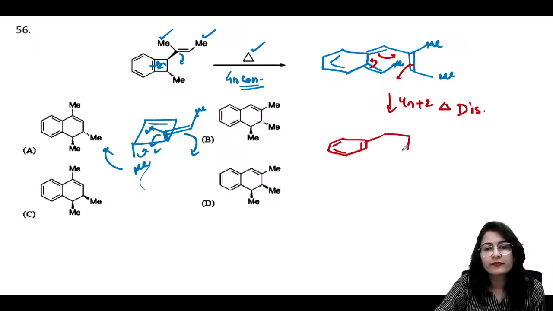So the disrotatory ring closing is going to look like this. Okay? One of the methyls, this one is going to be planar, and we have to check the stereo of these two methyls. So there is one hydrogen and another hydrogen outside, both the methyls are on the same side. Okay? So disrotatory motion means, if these are on the same side, how will they end up? Yes, see, they are on the same side. Disrotatory motion will give you trans.